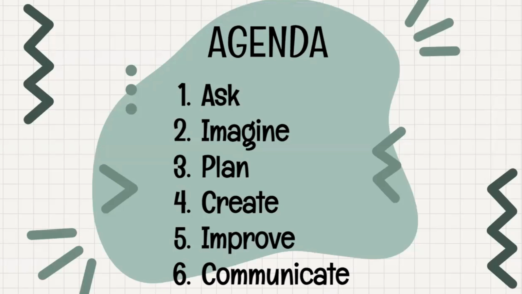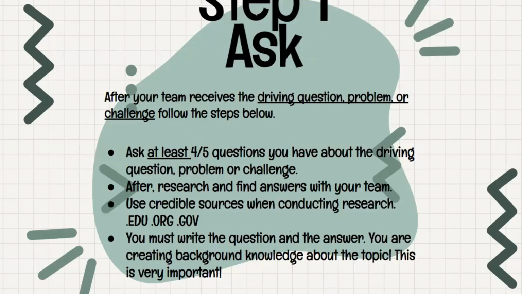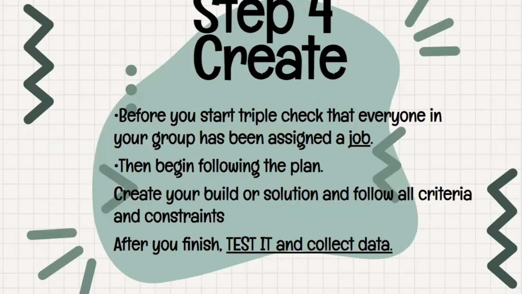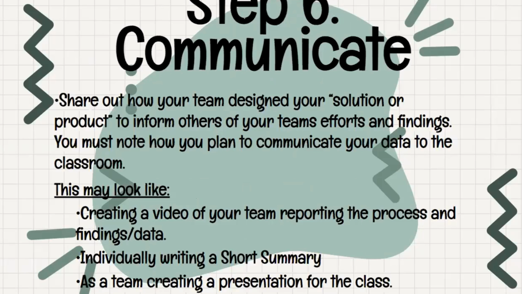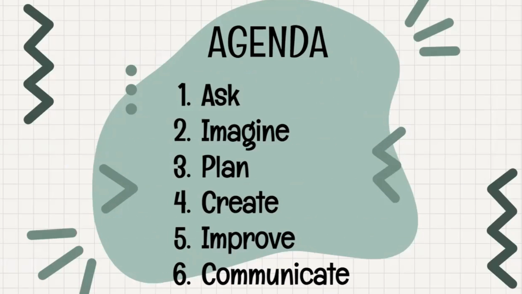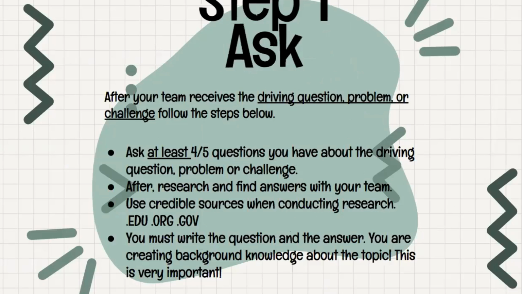So remember all of the criteria that you have to have and include in each step. This will be given to you guys to review several times if it helps. Remember, your teacher may make small changes or requirements. For example, in the ask stage, I just ask my technology students to list at least 4 to 5 questions.